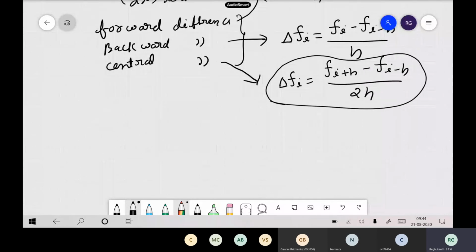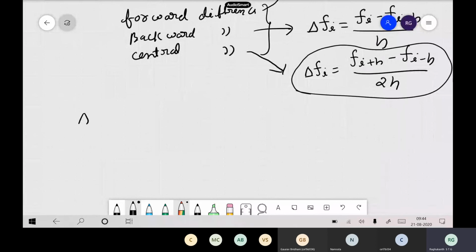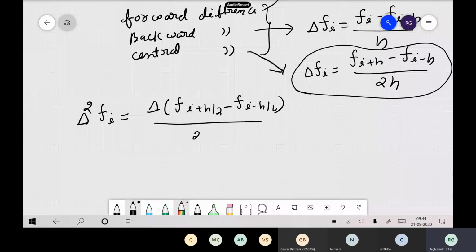Now this is for the first derivative. Now for the second derivative, del square f i, this also is very straightforward. You remember, right? These formulas are there. We write delta f of i plus h by 2 minus f of i minus h by 2 by h kind of a thing.